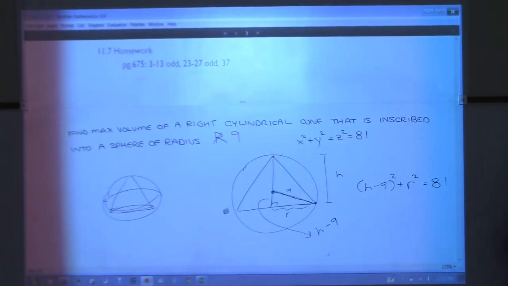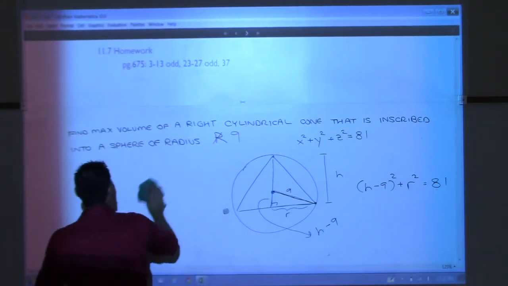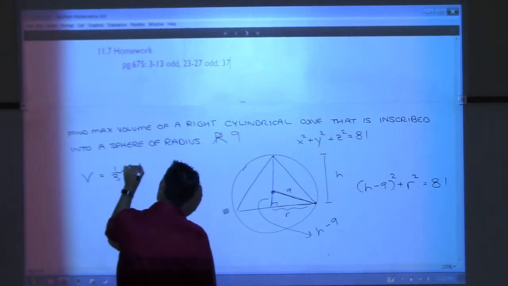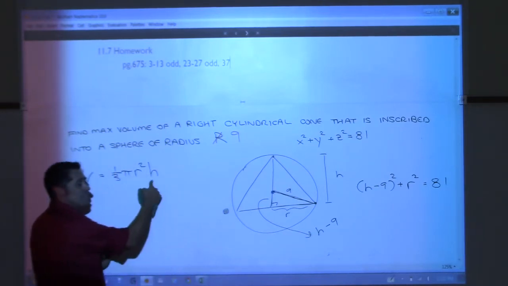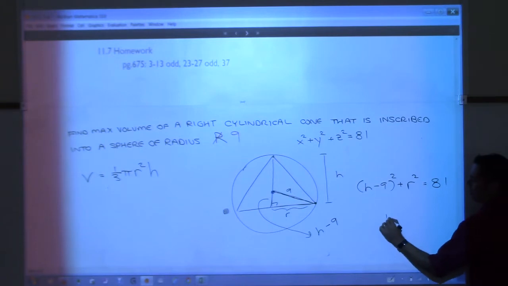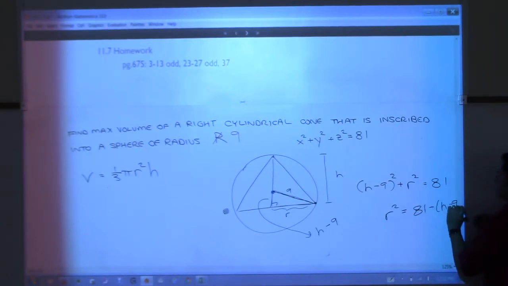So if we want the volume, we know it's 1/3 pi r squared h. What we need to do in Cal 1 is eliminate one of these variables. So we come over to this formula, and if we solve this for r squared, what do we have? 81 minus (h minus 9) squared.